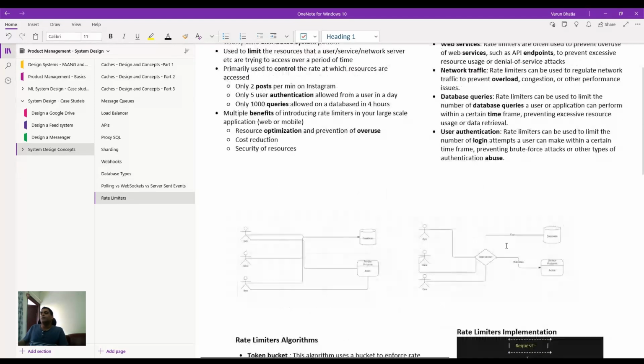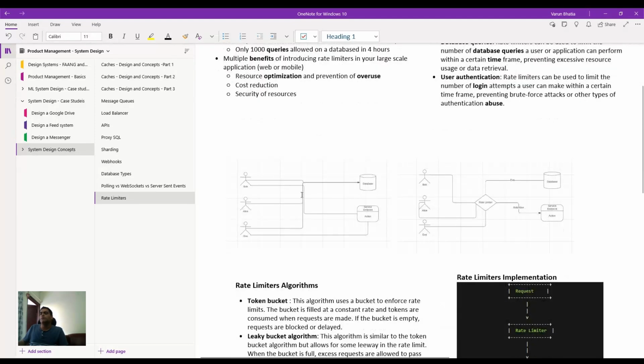A simple diagram to help explain: let's say users are trying to access service endpoints or databases, right? Without a rate limiter, there's pretty much no control on how it happens. With rate limiters, of course, users can be redirected, or put on hold on their request.